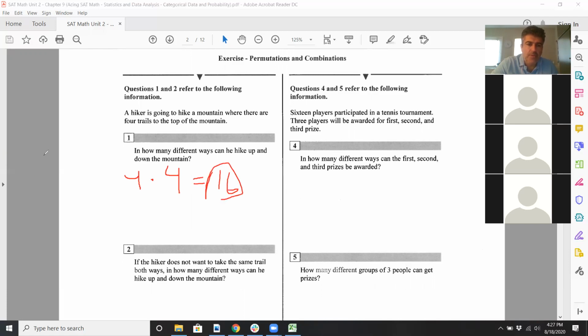And actually, if I were to draw a mountain, even though it's a crappy looking mountain, here's one way, here's another way. Let's do it kind of like that.